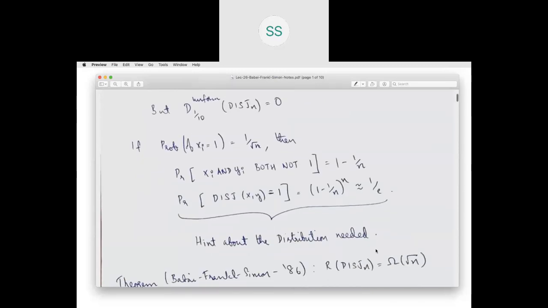This gives a constant probability that x and y are disjoint.